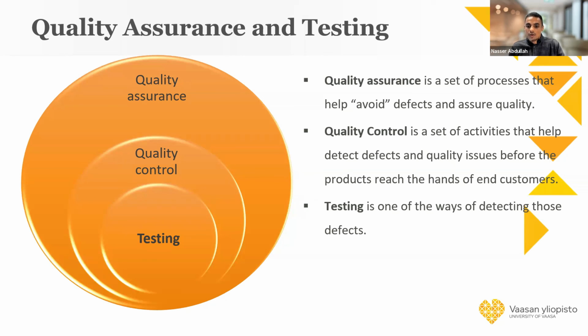One of them is testing. Testing is one way to detect these defects. That means it's one activity under the quality control, which is also under the quality assurance. So this is the relation between the quality and the testing.